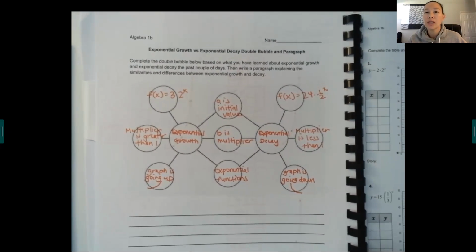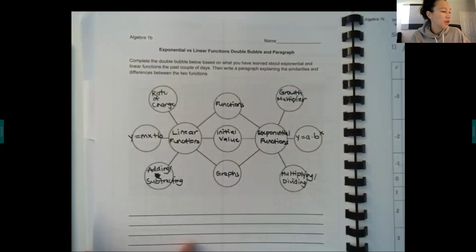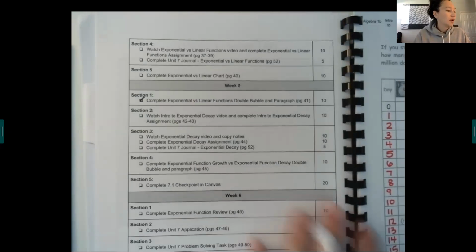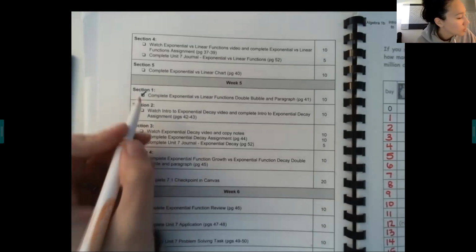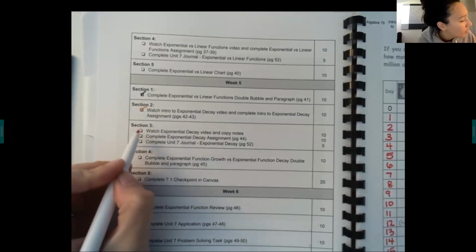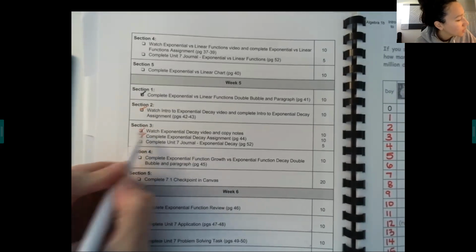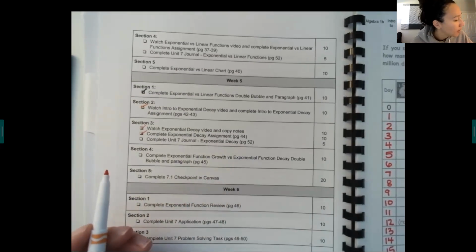Any questions about how to write your paragraph? Okay, so you guys are in good shape for the week. If we look at week 5, we finished section 2. We almost finished section 3. You'll have to do the unit 7 journal on exponential decay.